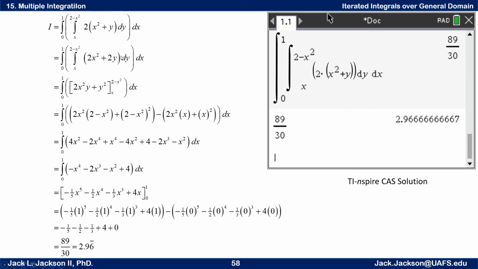Now this is kind of like a calculus 1 integral, except that we treat x as a constant when we're finding an antiderivative. So it's a partial antiderivative. And so I went ahead and distributed the 2 and just made this a polynomial, 2x squared plus 2y. 2x squared is treated as a constant, so an antiderivative there would just pick up a y as a factor.